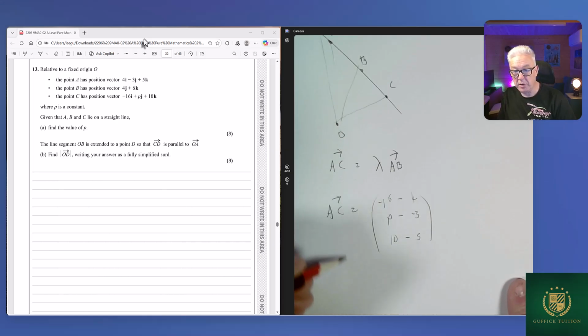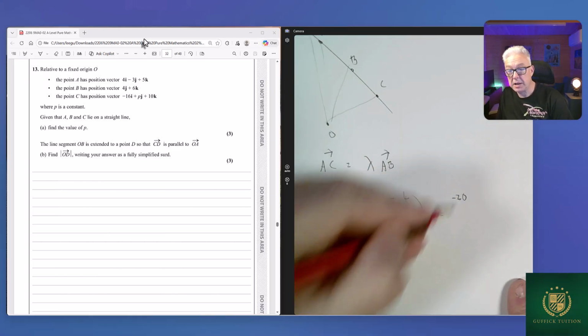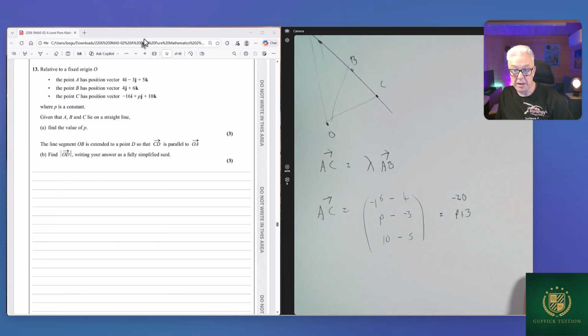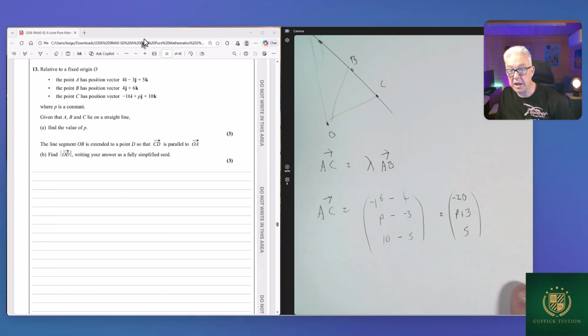Therefore our vector going from A to C is minus 20, p add 3, and 5. So that's our vector representing A to C.